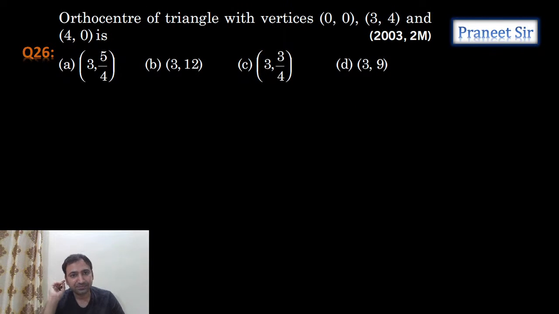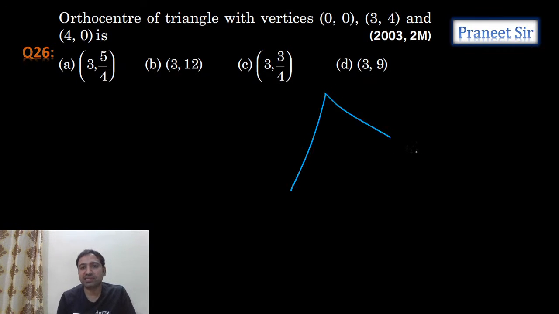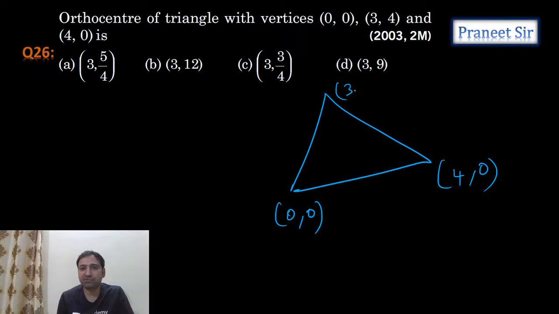Next question. Orthocenter of the triangle with vertices (0, 0), (3, 4), (4, 0). So three vertices are given. One vertex is (0, 0), another vertex is (4, 0), another vertex is (3, 4). We need to calculate the orthocenter of this triangle.